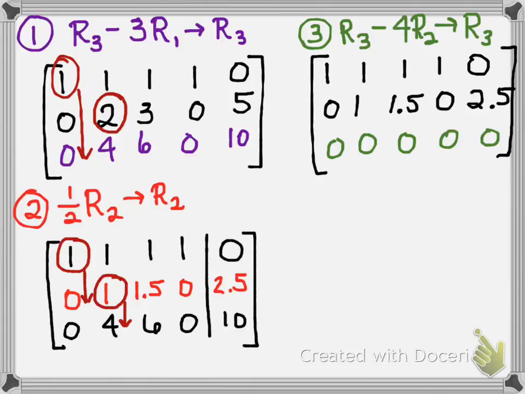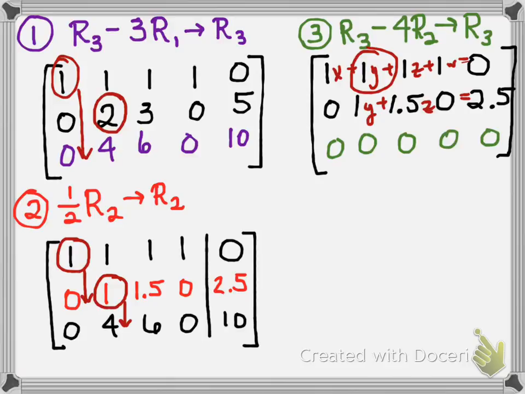Okay, so now we would come to the point where we would use back substitution. Okay, so I've got this matrix in row echelon form. What I want to do is actually solve for x and y in terms of z and w. So I don't want any y's in the equation with the x. So what I really want to do is get rid of that 1y in the equation with an x in it.